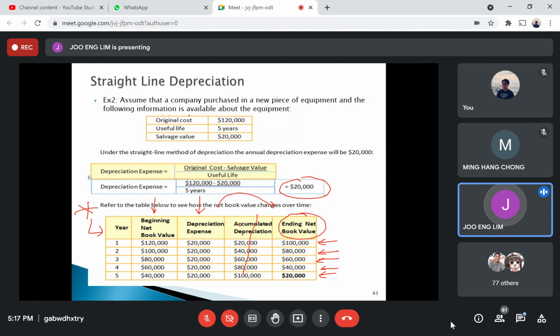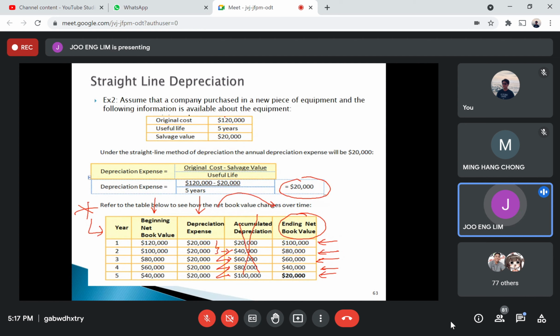Sometimes you don't need this column, it's okay. This is the cumulative depreciation that you accumulate. But sometimes we do not need this because we are able to find the ending book value.